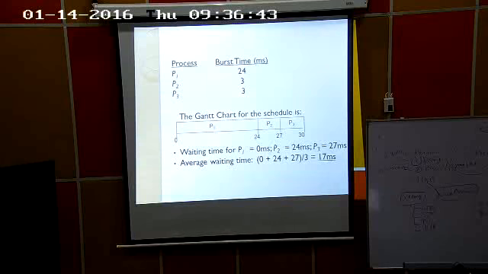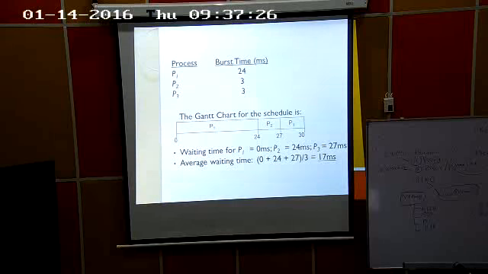Then only P2 will run. P1 is already complete, terminated. P2 will slot in, start at 24 plus 3 equals 27. It depends on the burst time. Okay, complete. The next process is P3, from 27 plus 3 it is 30.